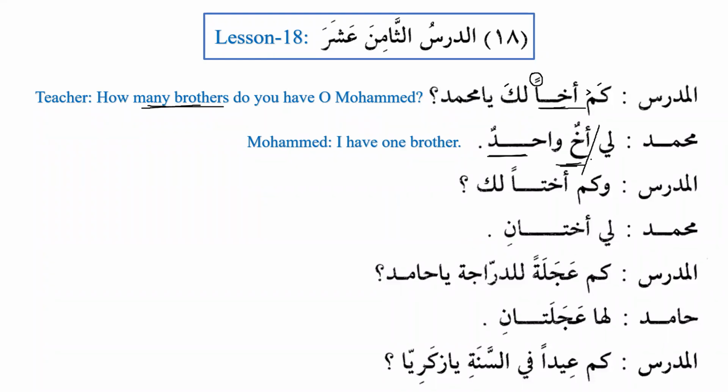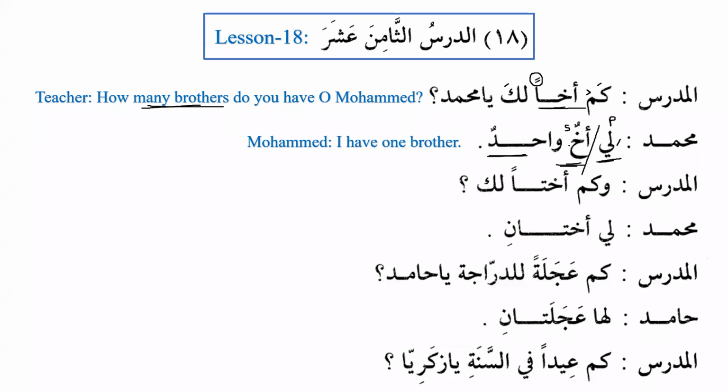And we know that whenever jar majroor or the preposition and the prepositional phrase comes in the beginning of the sentence, it cannot be subject, it will be predicate. And generally, when prepositional phrase comes in the beginning of the sentence, then the subject is generally common noun. It is indefinite.